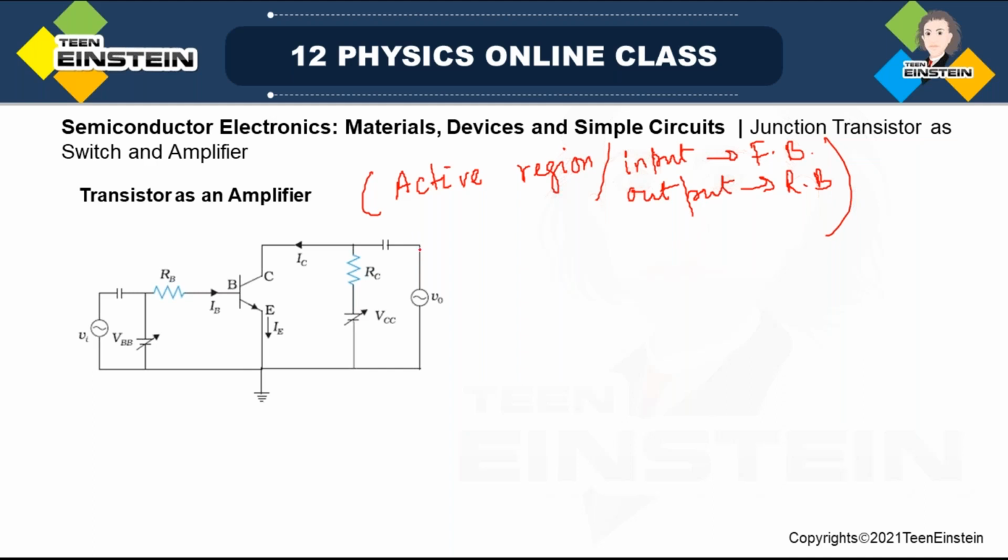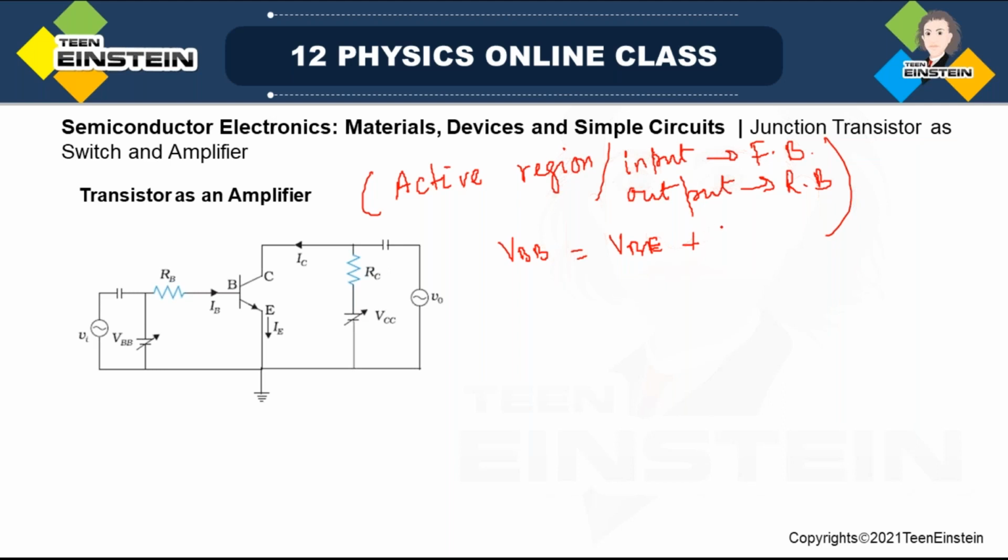Now look, from the input circuit we had already written VBB equal to VBE plus IB RB, right?